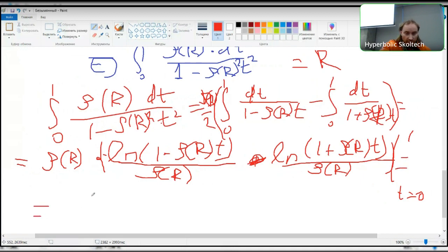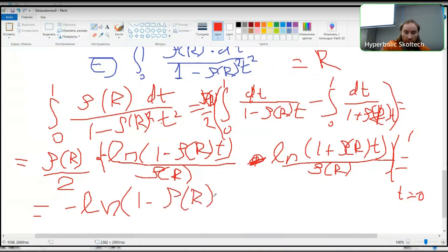So here, yeah, I forgot to put 1/2 here. There it was. So here we have minus logarithm of 1 minus rho of r squared minus logarithm of 1.